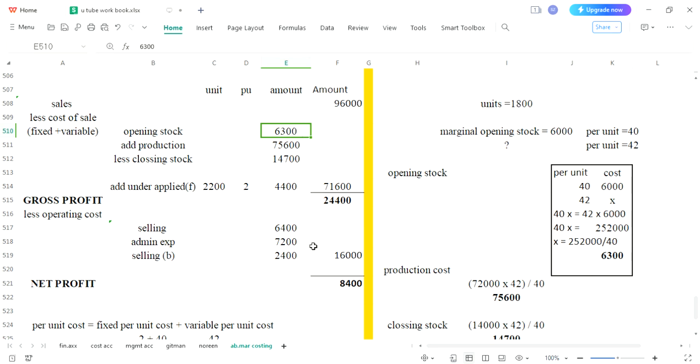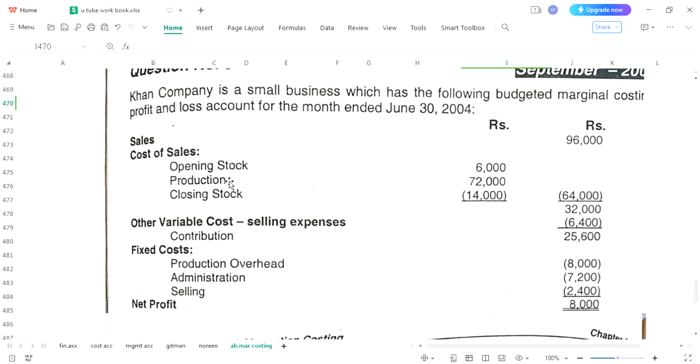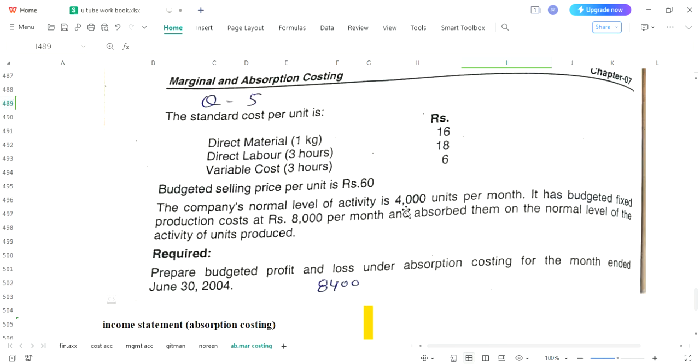Everything was present in the question. This is our usual under applied or over applied production, where we have seen units produced were 1800, which we have calculated over here by using the simple formula, per unit cost and units, with which we come to know that 1800 units were produced. In question it was mentioned that standard was 4000.